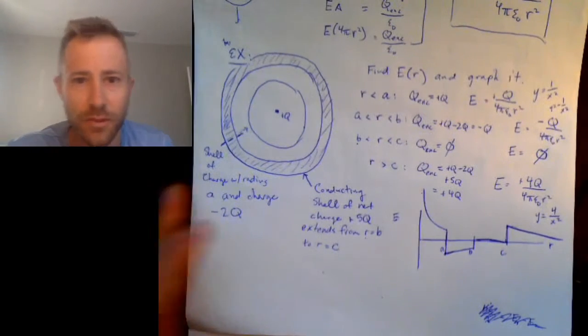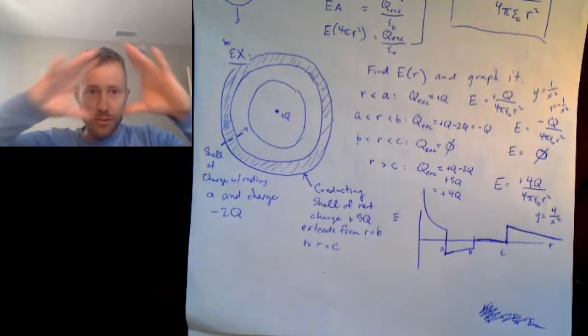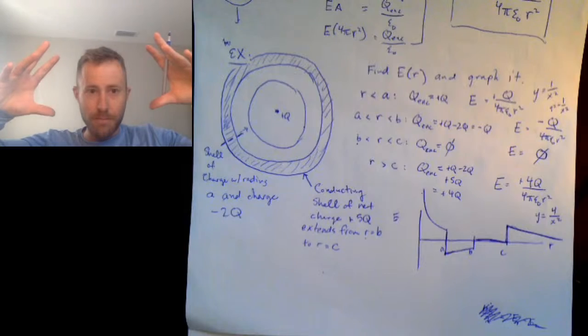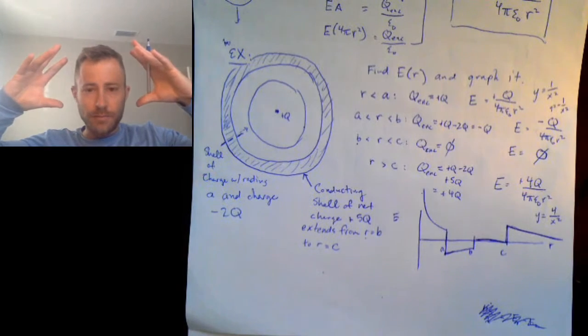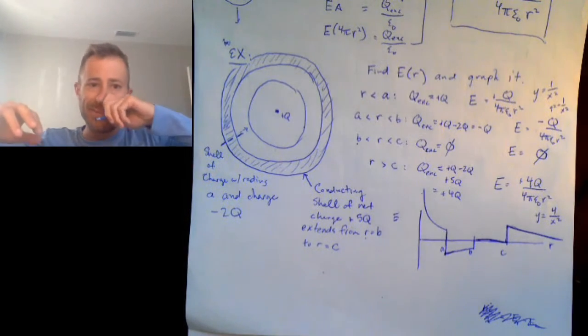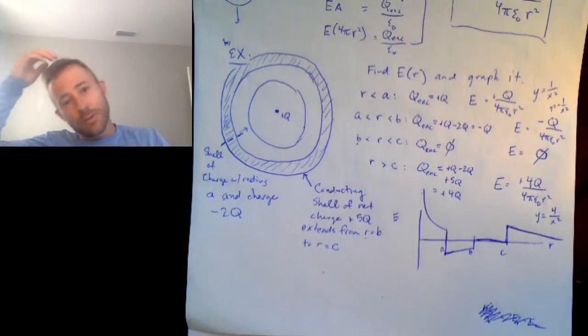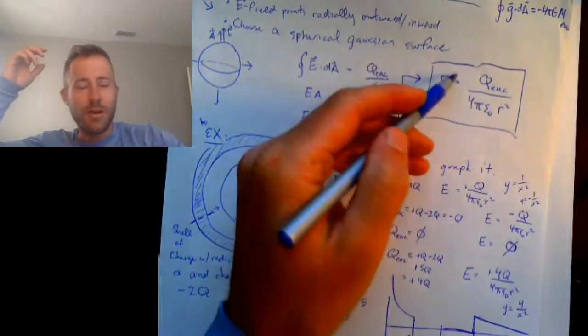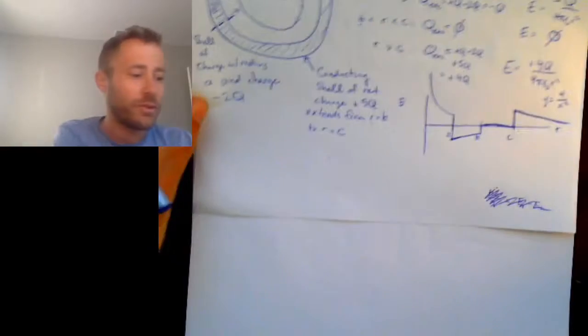The size of the Gaussian surface determines how much charge it encloses. Okay, so you basically just plug it into this formula and count up the amount of charge inside the Gaussian surface.